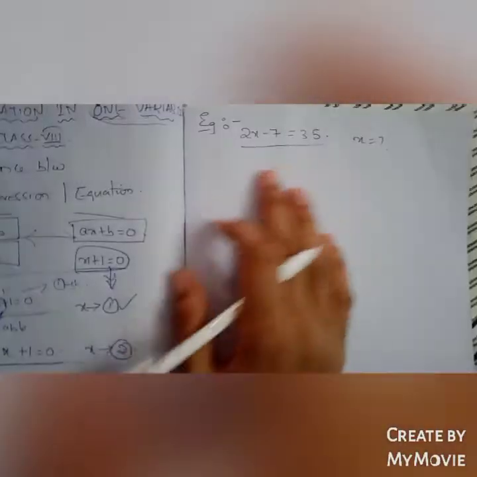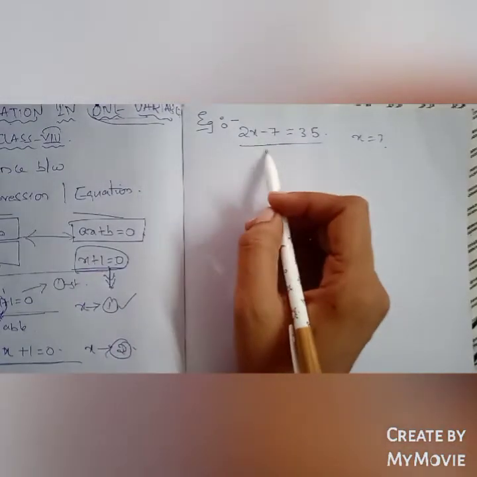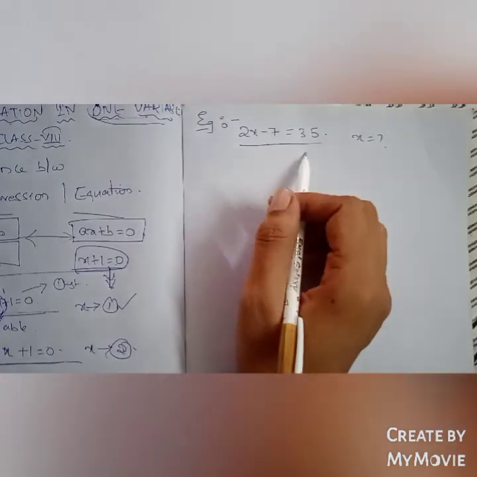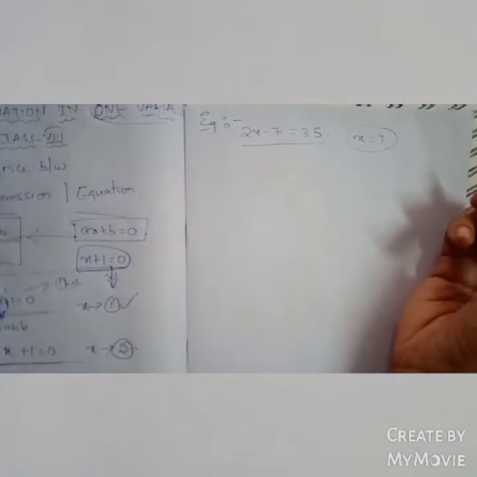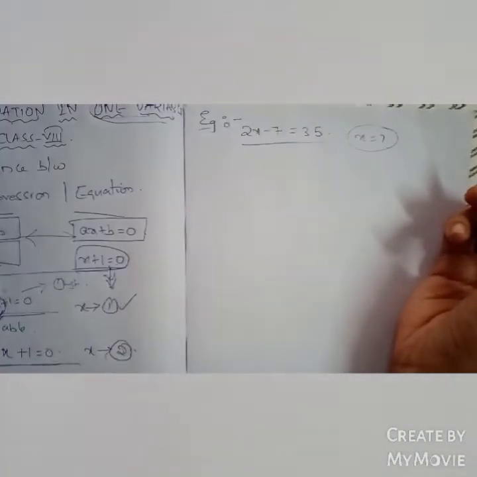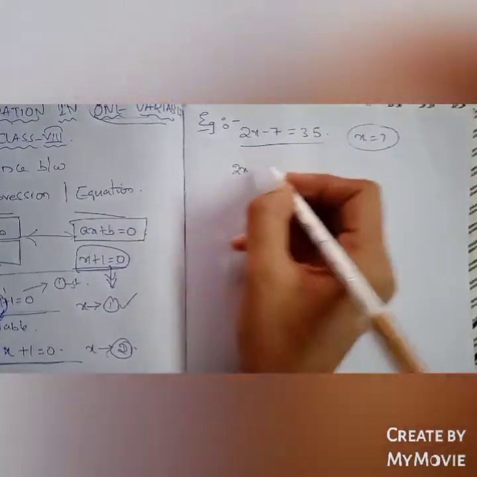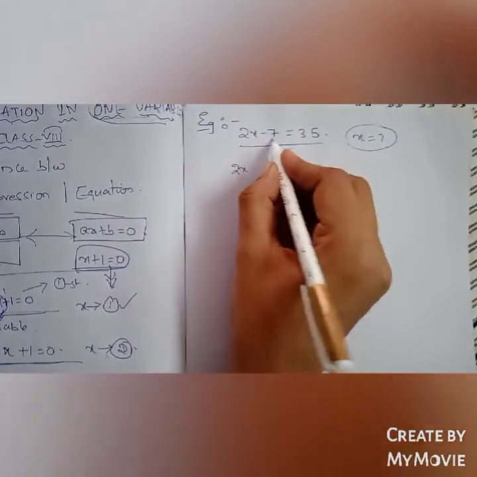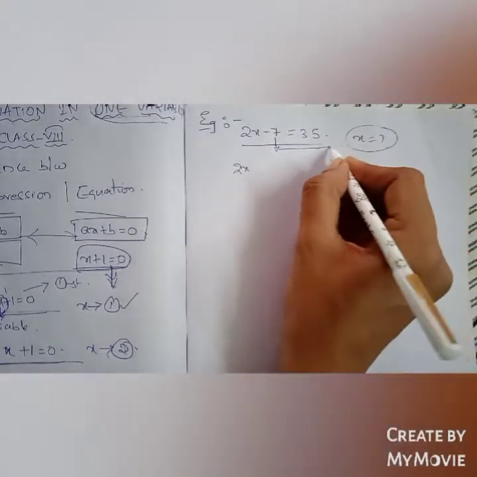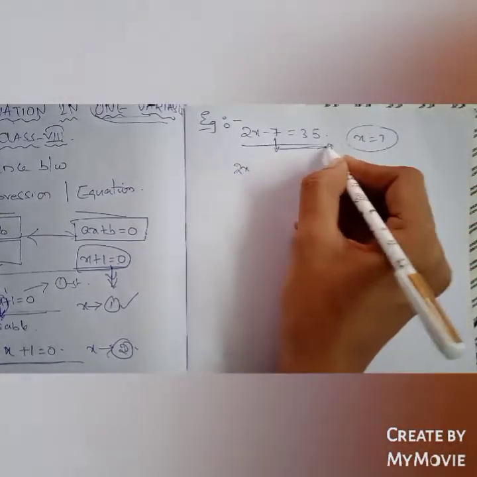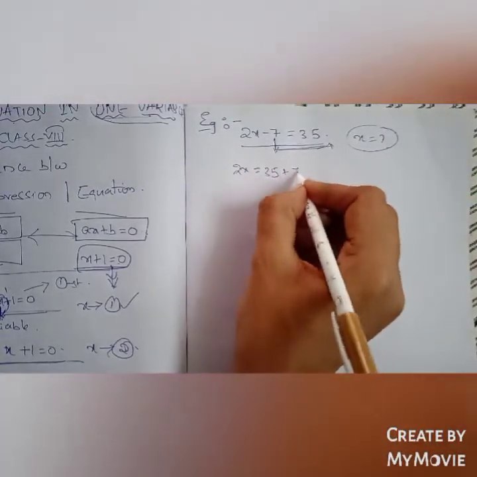Friends, let's solve this linear equation. The given question is 2x minus 7 is equal to 35. This is a linear equation, and here we need to find the value of x. We already learned in previous classes how to solve this. We can shift this minus 7 to the right side, and it becomes plus 7.